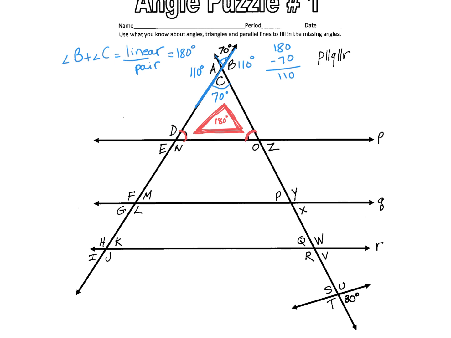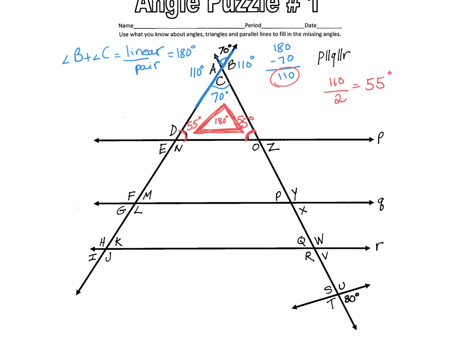So I already know that 180 minus 70 is 110, and I'm going to split this 110 degrees between these two angles. I can divide by 2 because they're congruent, so I get 55 degrees. Both of these angles are 55 degrees.